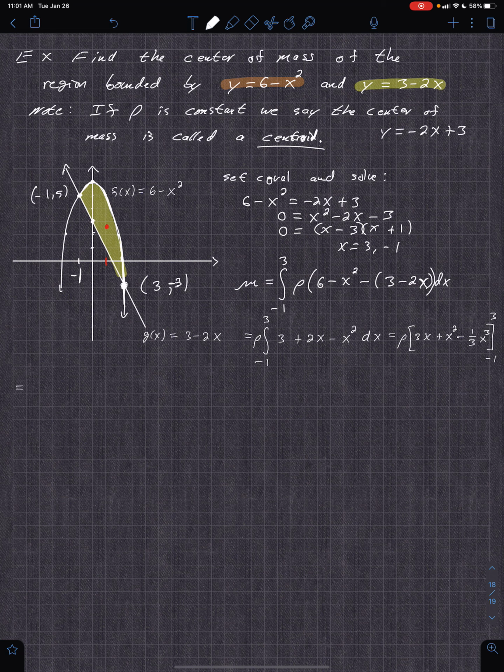So you get rho, then 3 times 3, so you will work this all out: 9 minus 27/3, minus negative 3 plus 1 plus 1/3. That equals rho times 9 minus negative 2 plus 1/3. So it's rho times 9 plus 5/3, which equals 32/3 rho.